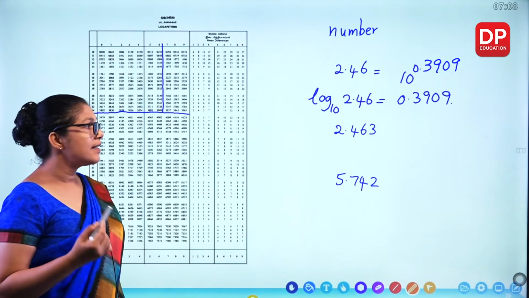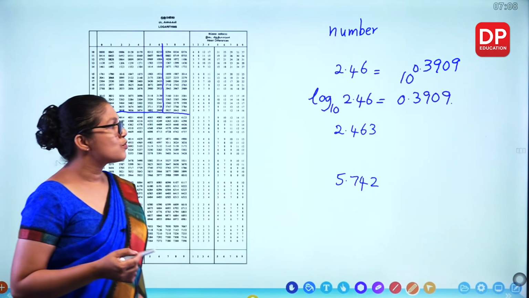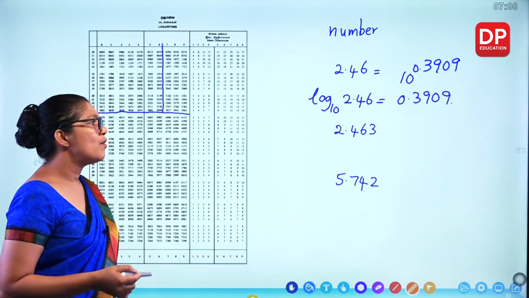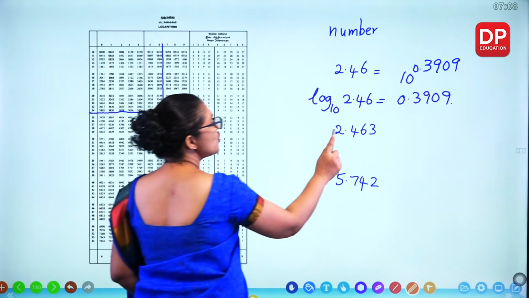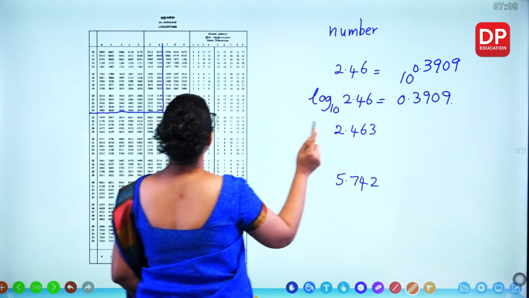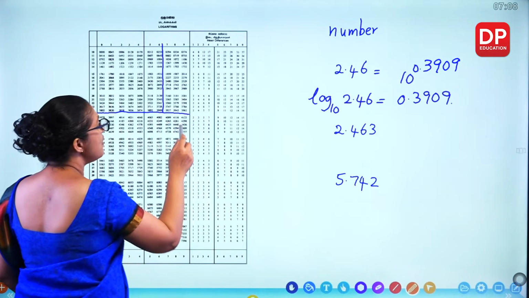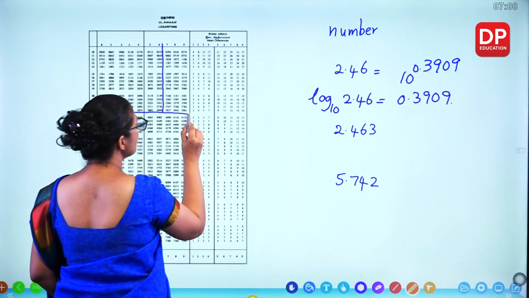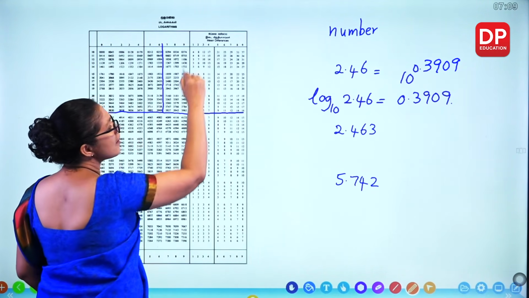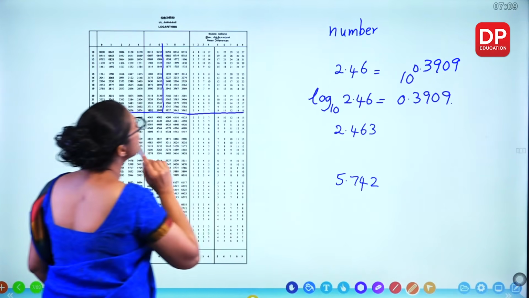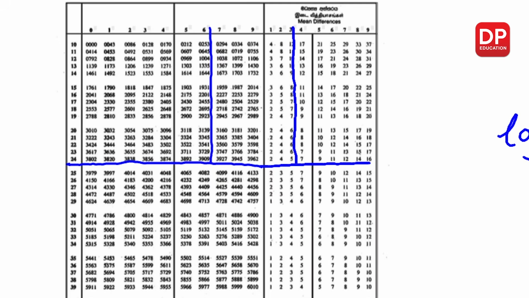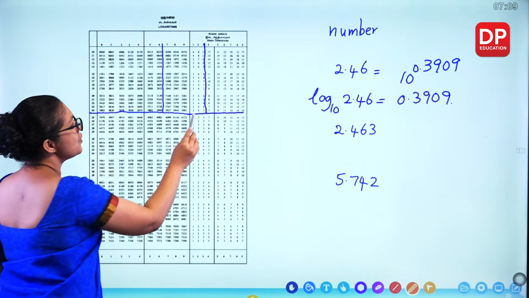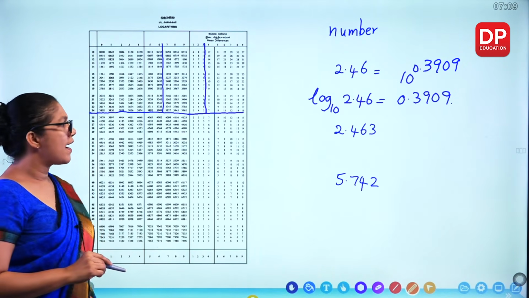Now try the next one. 2.463. Now there's a third decimal place. So same as before, 24/6 is this number, and then refer the third decimal place, that's 3. So when you take the third column, you get number 5.